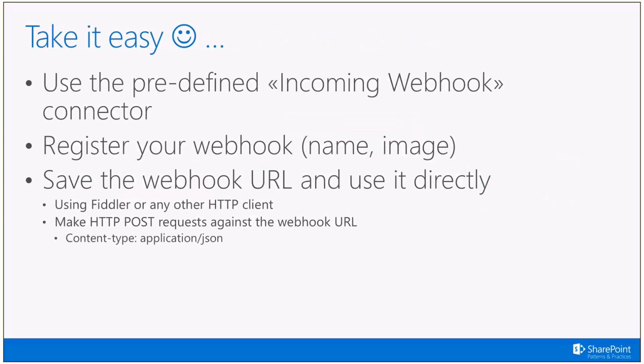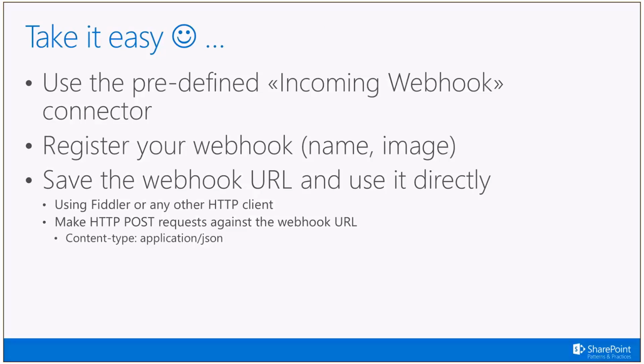And in order to create your own Office 365 connectors, you have at least two choices. The first one is the easy one, so take it easy, as the title says. If you want to create a connector which will be used to extend just one Office 365 group, you can simply create on the fly a connector using the UI of the groups, and you will get back a URL which will be the webhook URL that you can use later on as a target endpoint to send your cards to.